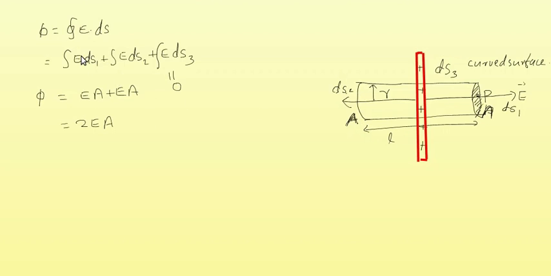Therefore integral E ds1 is E into A, and E ds2 is E into A, because integral ds1 is A, and integral ds2 is also A. Therefore A plus A is equal to 2A. So you have phi is equal to 2EA from the definition of the electric flux, but phi is equal to Q by epsilon 0 from the Gauss theorem.